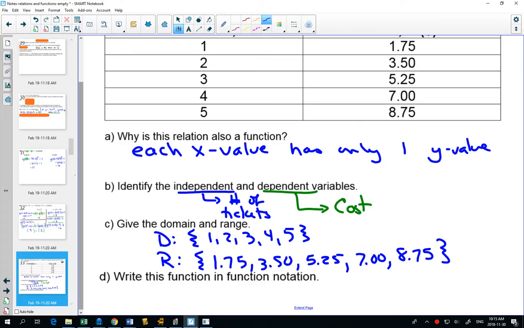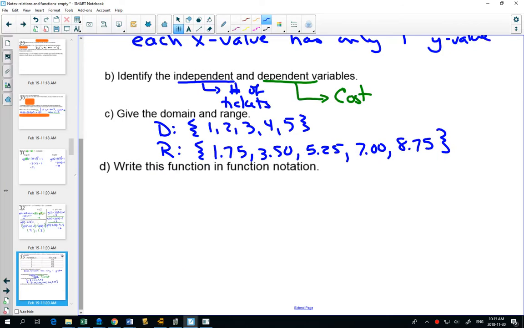Write this function in function notation. So we need to write it in function notation. We always have our y values first. In this case, I'm going to use the letter C. Why would I use the letter C?